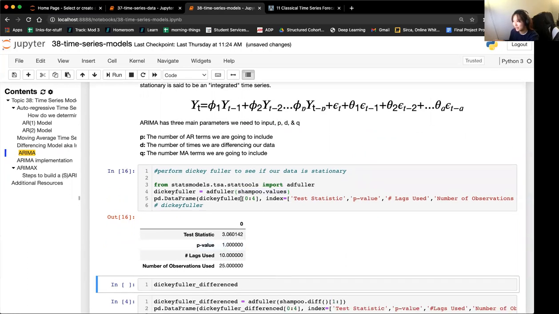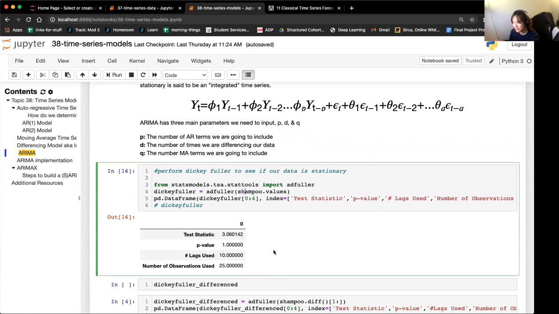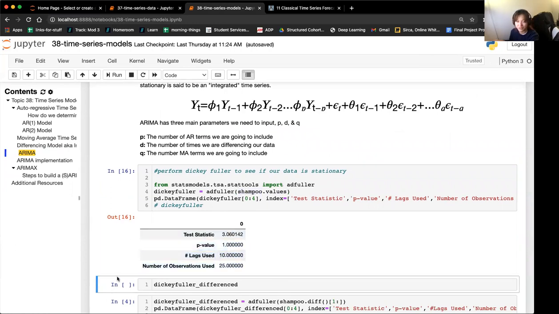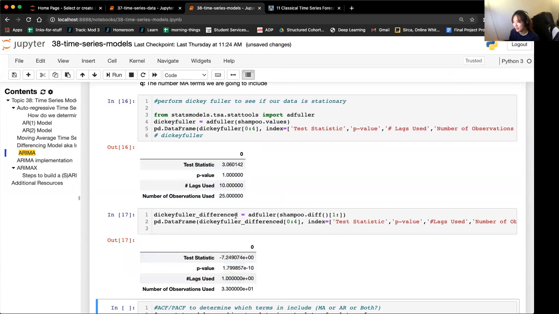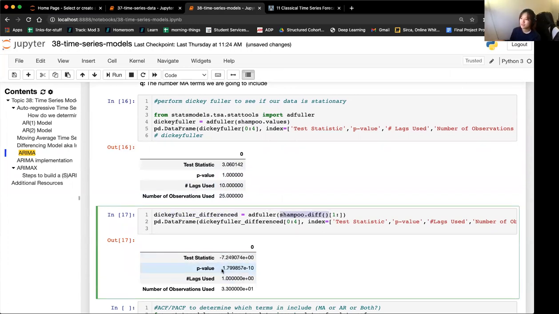You can see that this is not differenced. When it's not differenced, it has a p-value of 1, or 100%, which is bad. And then if we run the Dickey-Fuller test again, this time on the differenced data, you can see that our p-value is now really, really small. So that means with one difference, it's differenced enough, it's stationary enough.